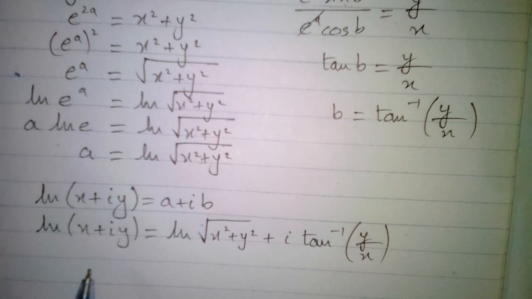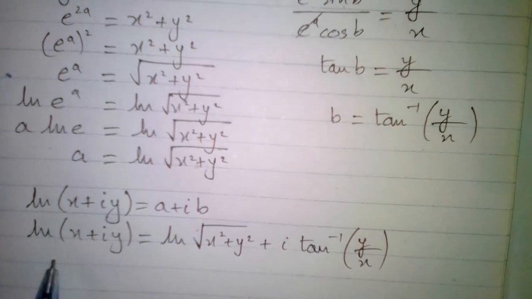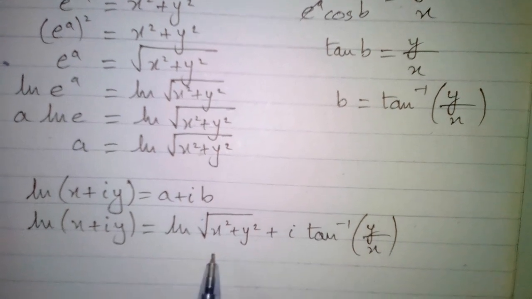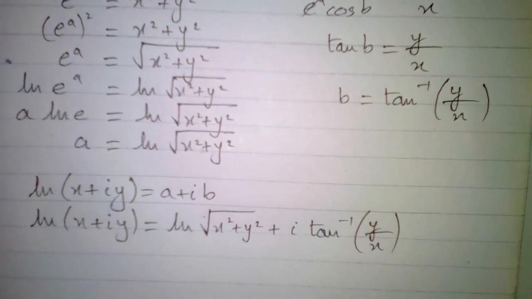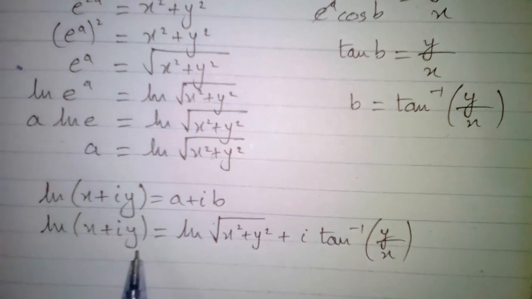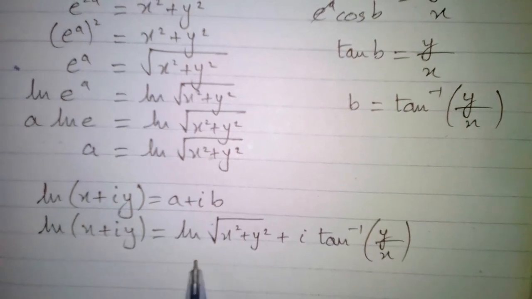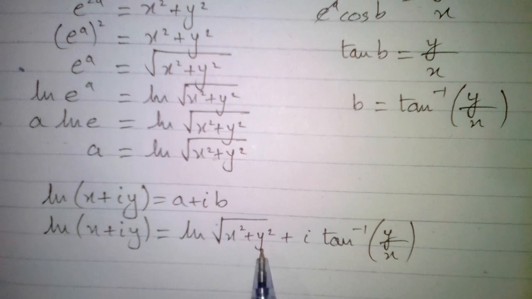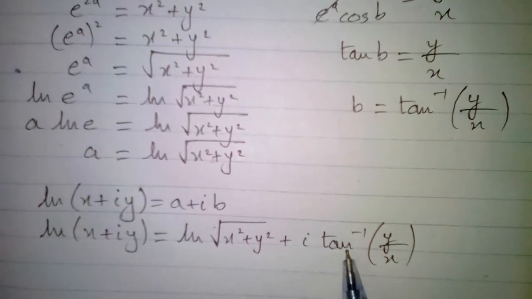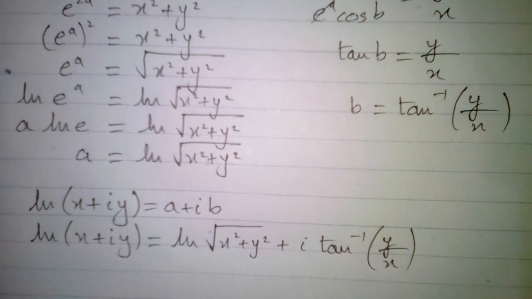So when we take the log of a complex number, it can be expressed in this form: the natural log of the complex number x plus iota y is equal to the natural log of the square root of x square plus y square plus iota tan inverse of y upon x.